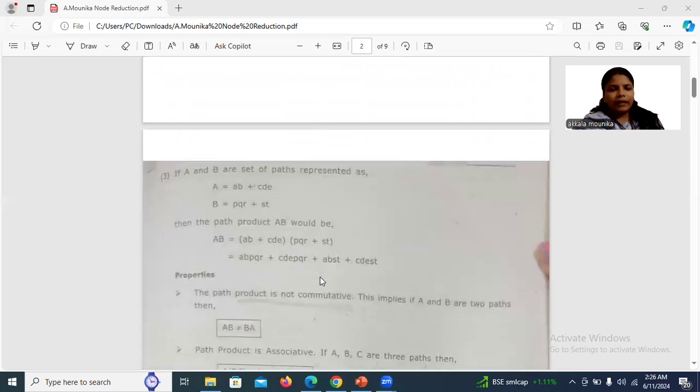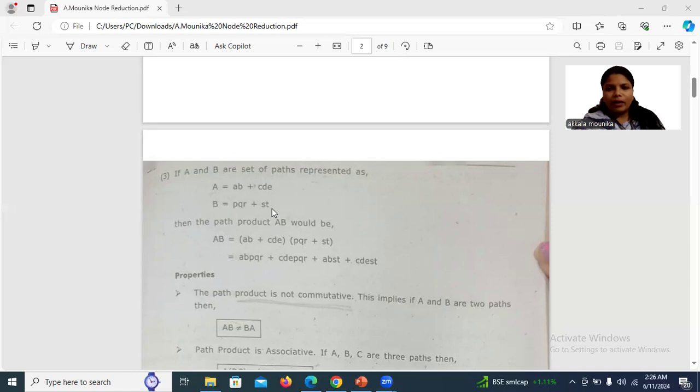Next one, how we represent the next thing? If A and B are sets of paths, suppose A is equal to AB plus CDE, and B is equal to PQR plus ST. Then what is the combination of these path segments?